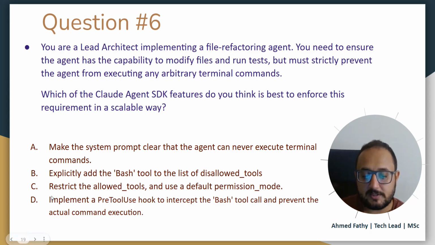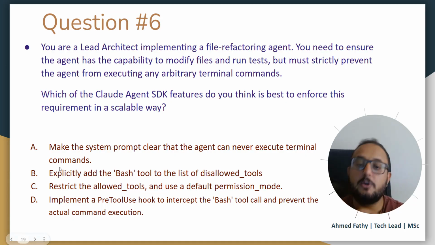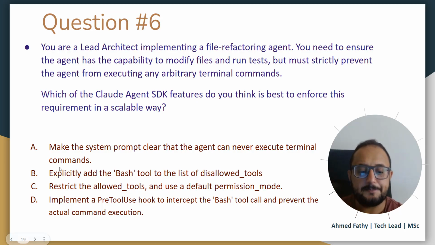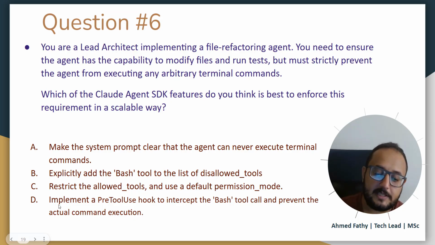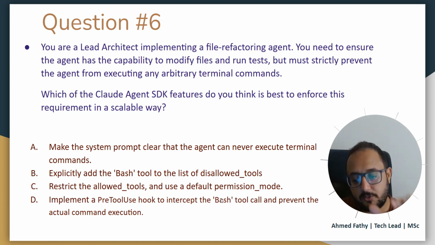However, you still have option C, where you can restrict the allowed tools and use a default permission mode. In my opinion, option C is better than B because we generally prefer whitelisting over blacklisting, as we described, right? So B and C are both okay. And then you can also have D: implement a pre-tool use hook to intercept the bash tool and prevent the actual command execution.